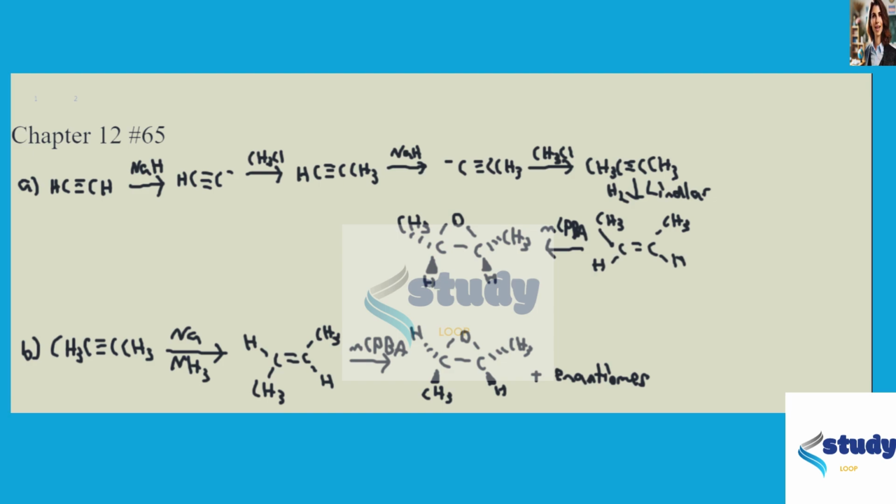And then once we've picked the right reduction, using MCPBA, which I forgot to write here, to epoxidize it, or using potassium permanganate to get to the diol instead. And that's the answer to chapter 12, problem number 65.